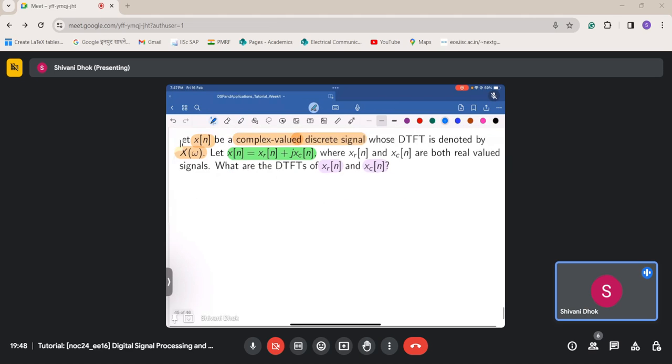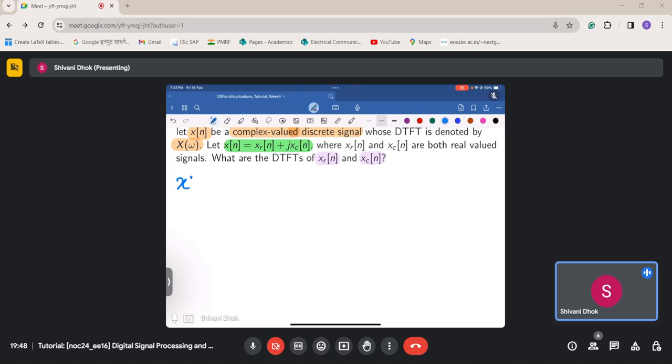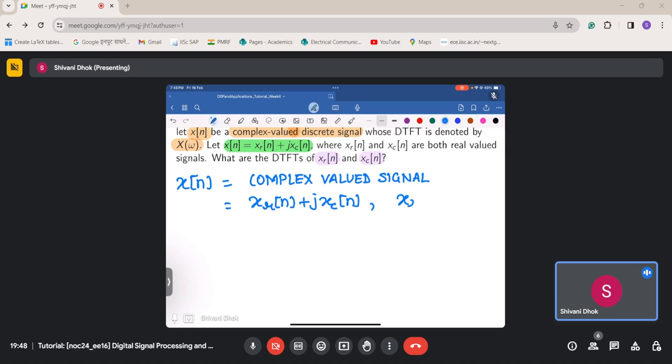So what is given to us? x[n] is a complex valued signal, and I can write it as the real part plus j times the imaginary part, where xr[n] and xc[n] both are real.